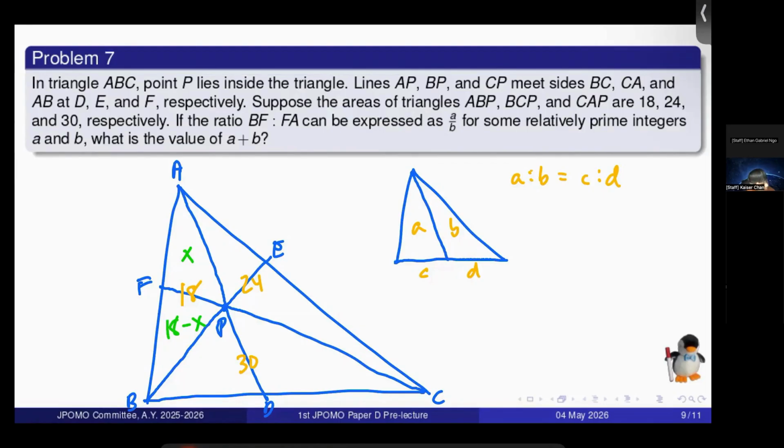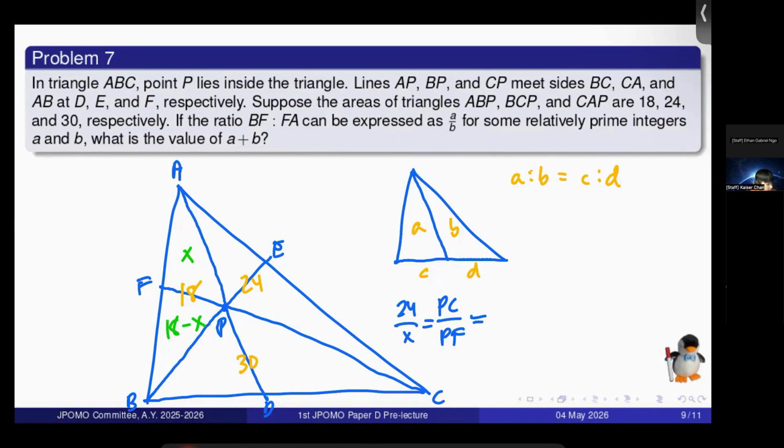Okay. And the ideal ratio that we can use here is PC over PF. From triangle AFC, this is equal to 24 over X. Okay. And for the other one, triangle BFC, we get that this is 30 over 18 minus X.